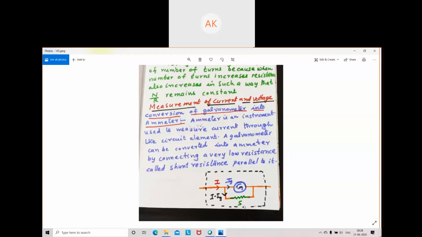And they are connected in parallel. So the potential difference across the galvanometer will be the same as the potential difference across the shunt resistance. That is, Ig into G equals I minus Ig into S. Then from that you can calculate the value of the shunt resistance.